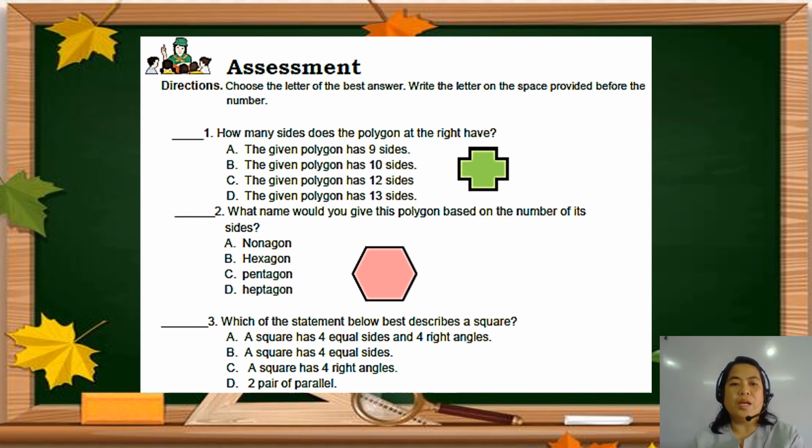For number 3, which of the statement below best describes a square? A. A square has 4 equal sides and 4 right angles. B. A square has 4 equal sides. C. A square has 4 right angles. D. 2 pair of parallel. Then write the letter on the blank.